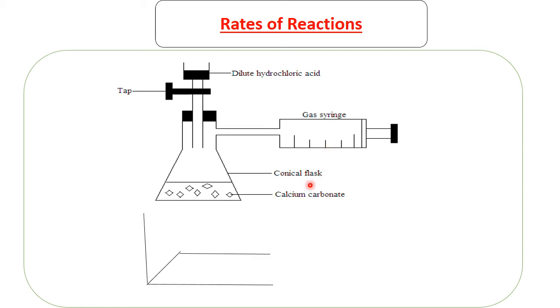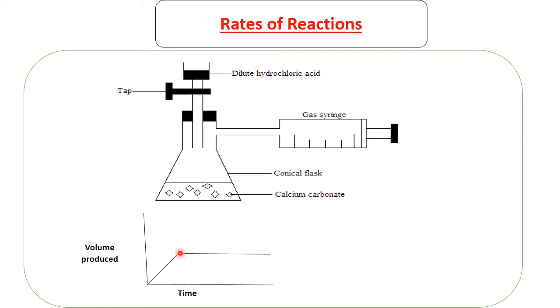We're going to have something like this, where here we have volume of the gas produced and here we have time. What is happening here is, as the reaction was proceeding, the volume was increasing. Okay, so as time increases, the volume is also increasing.